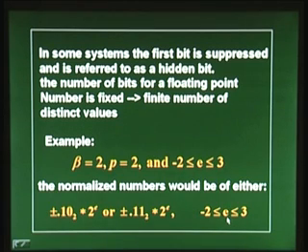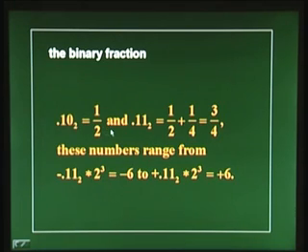So the smallest positive number you would be able to represent would be 1 by 2 into 2 to the power of -2, and the maximum would be 3 by 4 into 2 to the power of 3, that is 6. So the total range, from negative to positive, would be -6 to +6.